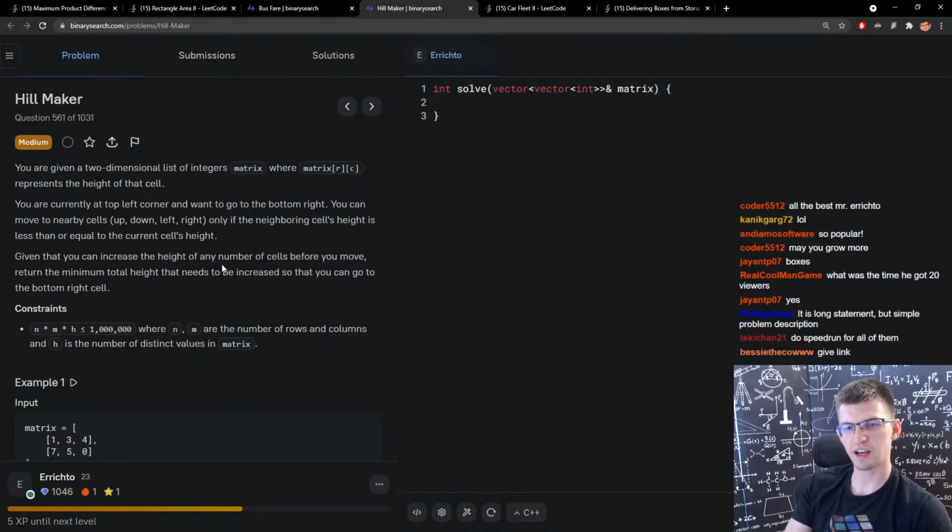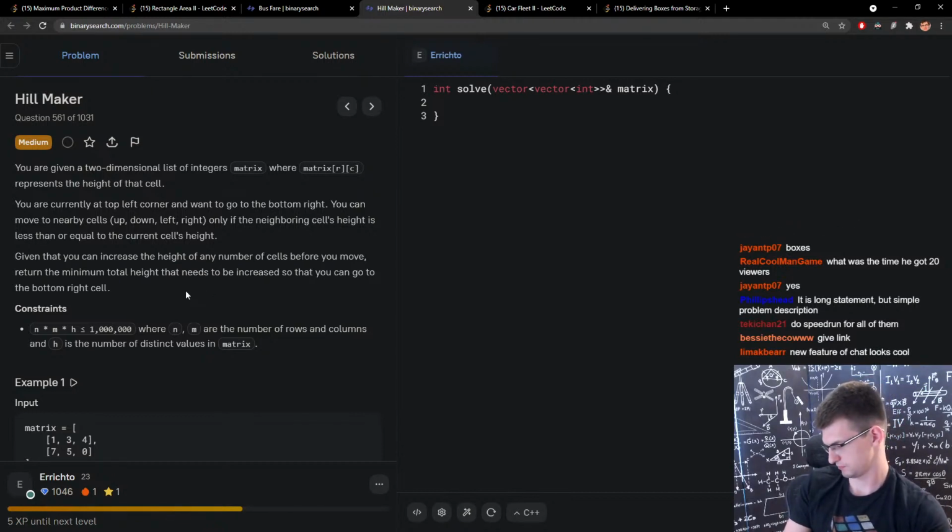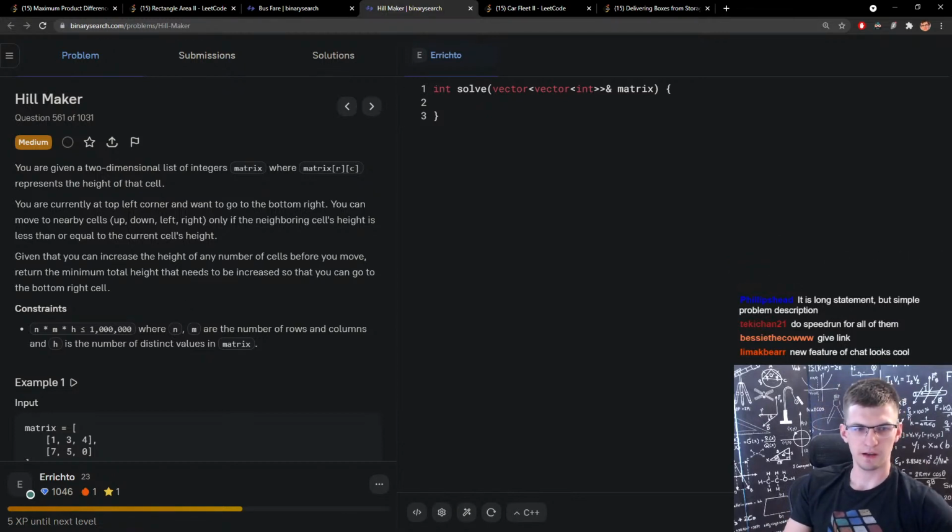You can increase the height of any number of cells before you move. I think this one is fine.